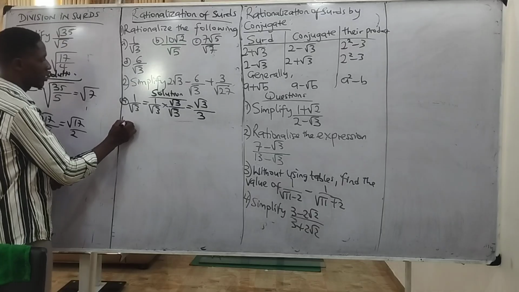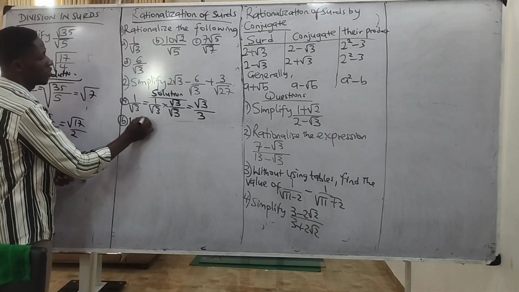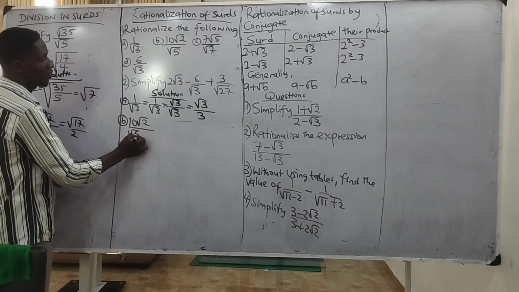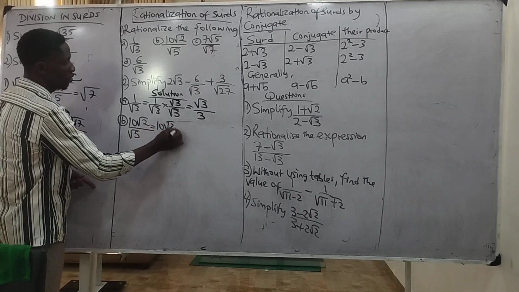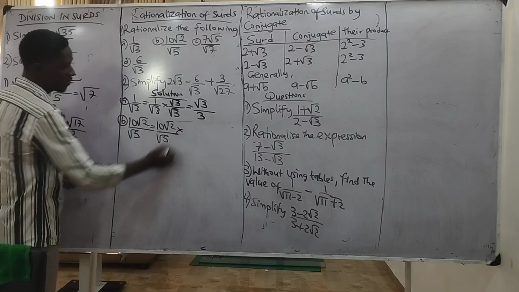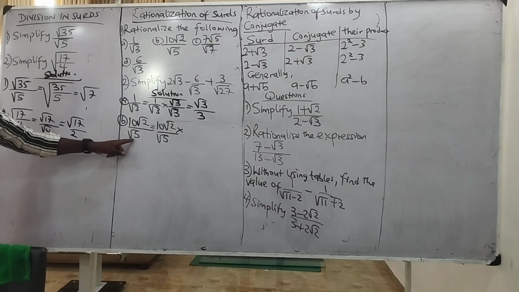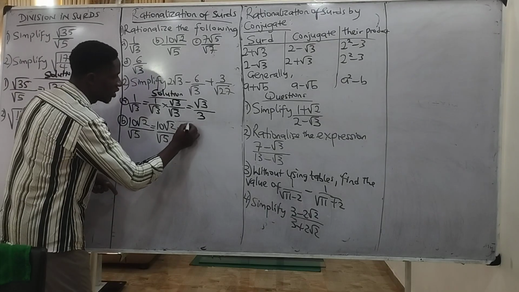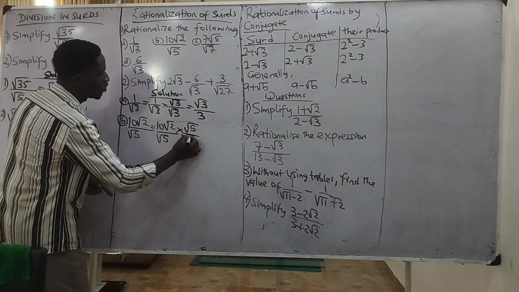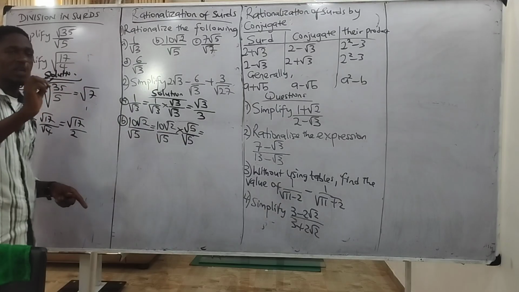So we'll go to B. We have 10 root 2 over root 5, which is 10 root 2 over root 5 times root 5 over root 5, because the number at the denominator is root 5. Let's be careful here.